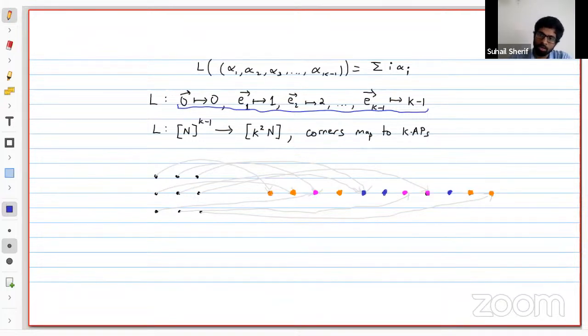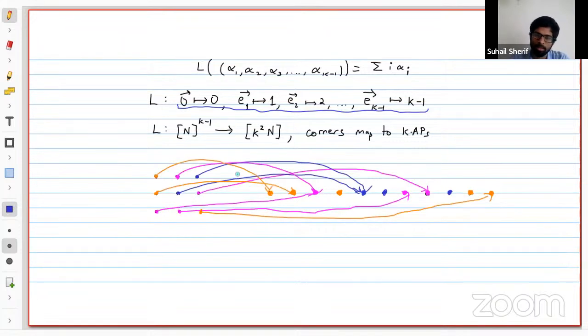And if I can color the one-dimensional space in a way that it avoids, say, 3-term arithmetic progressions, then if I take these colors and just pull them back, this gives us a coloring of the grid that avoids corners. Because if you had a corner all of the same color in the grid on the left side, we know corners map to 3 APs, so you would find the 3 AP with all the same colors on the right side. So if you can color the right side avoiding arithmetic progressions, you've already colored the grid avoiding corners.